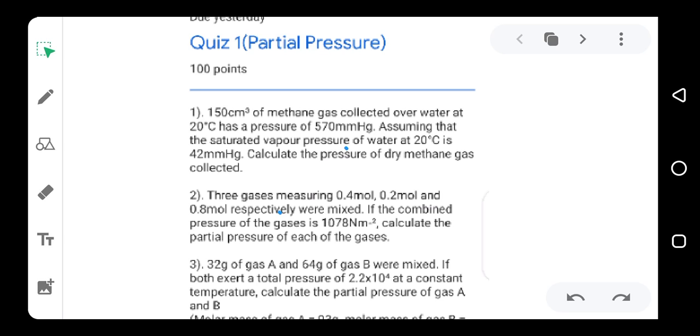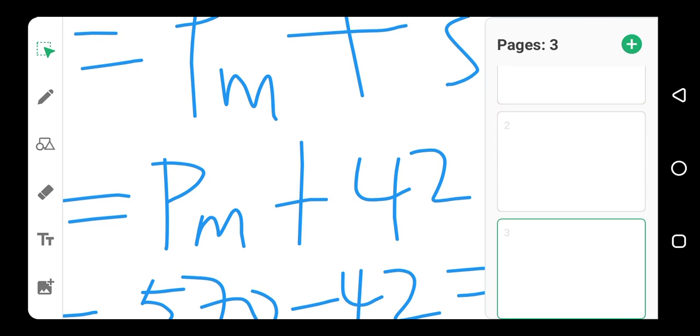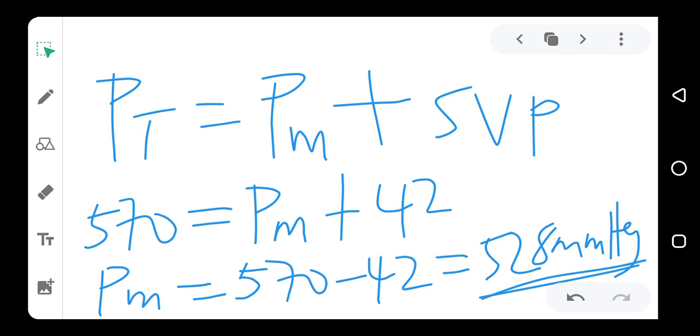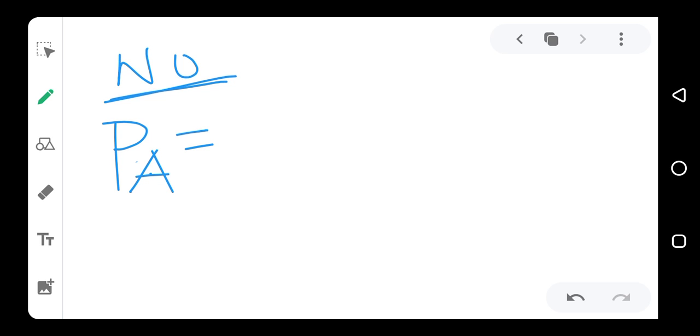Now in the second formula given in the main lesson, I said that for you to get the partial pressure of any gas when the number of mole of it is given, the partial pressure, let's call it PA, maybe we are looking for the gas A, is equal to the mole fraction.